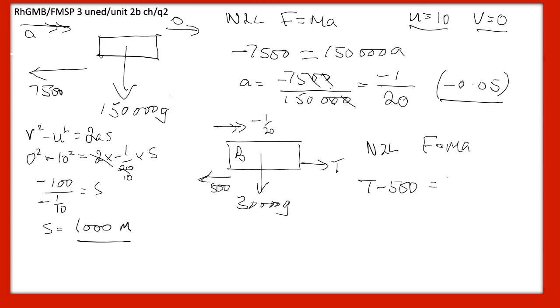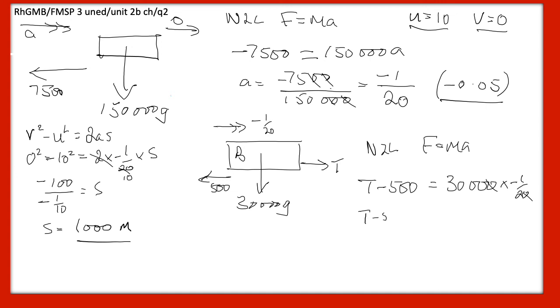And that's going to be equal to my mass, which is 30,000. We talked about the fact that the thing was given in tons, and that is multiplied by minus 1/20, because that's the acceleration in this particular case. Okay, and I can do my best cancelling out.